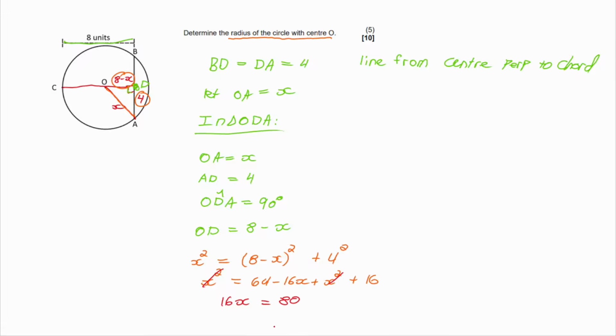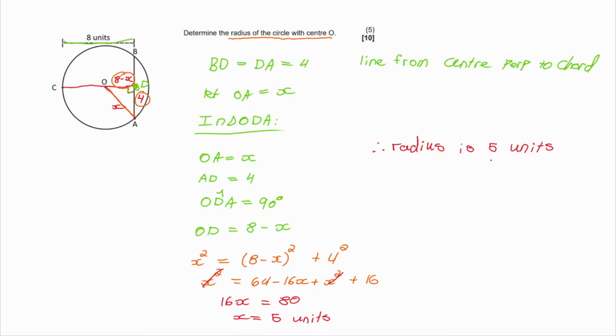So 80 divided by 16 gives us 5 units. Therefore the radius is 5 units.